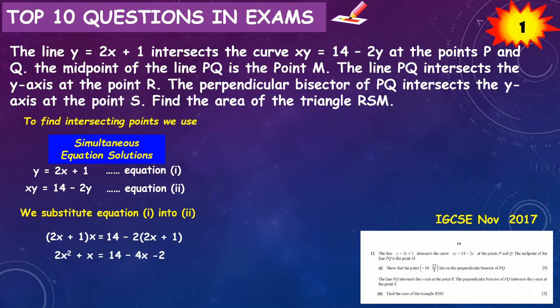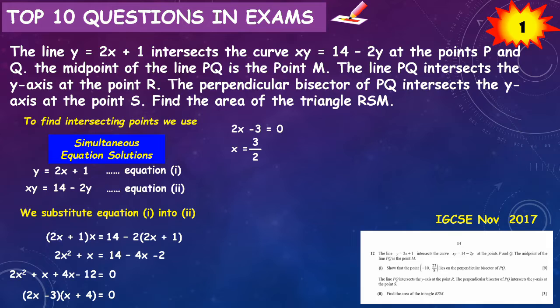We move all our terms to the left and we simplify them, and then we factorize the terms. We solve the terms in each bracket separately.